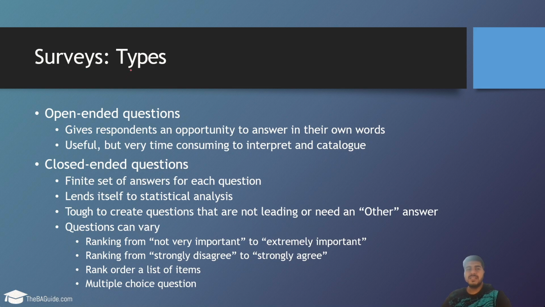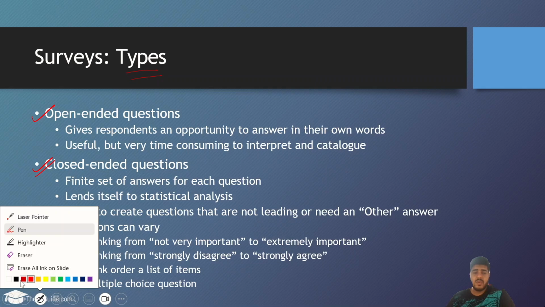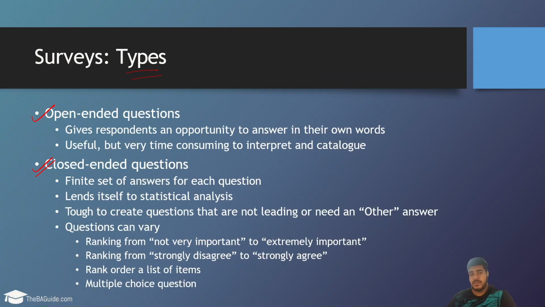Well, let's study the types of surveys. Types of surveys are basically the different types of questions you can ask in the surveys. It could be open-ended and closed-ended. There is a difference between these two. In open-ended, the good thing is that it gives users the opportunity to answer in their own words.